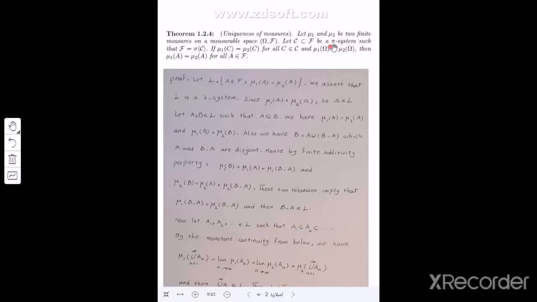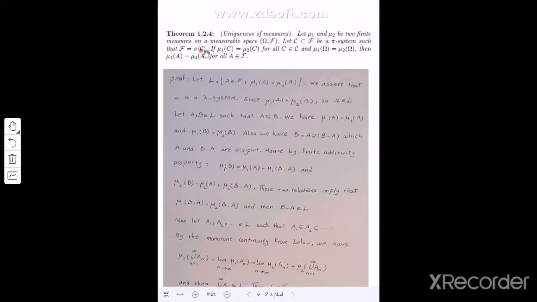A P system is closed under pairwise intersection, such that F is equal to sigma of C, the sigma algebra generated by C. If mu1 of C equals mu2 of C for all C belonging to C, and mu1 of omega equals mu2 of omega, then mu1 of A equals mu2 of A for all members of F.